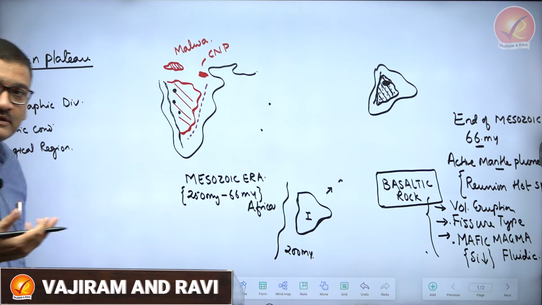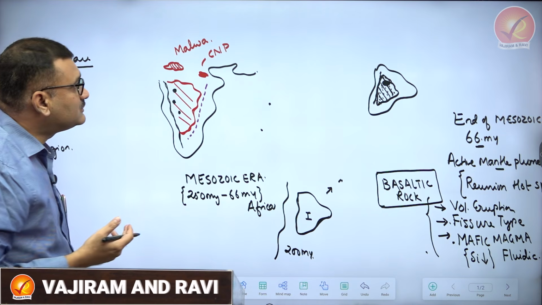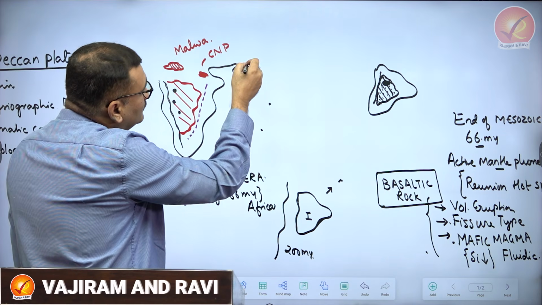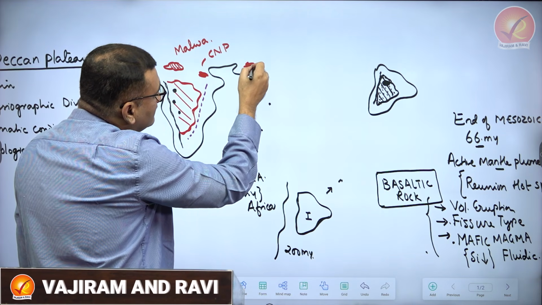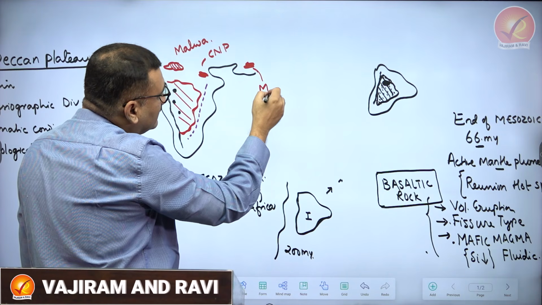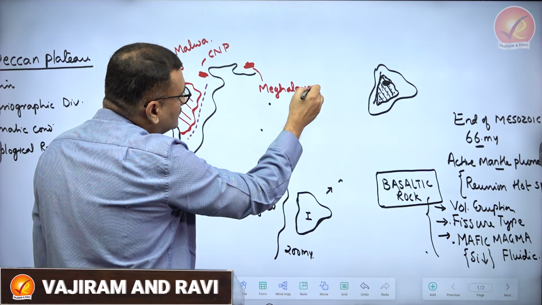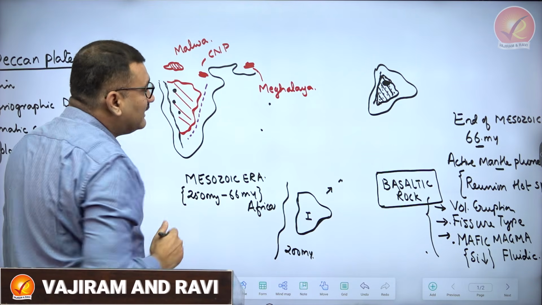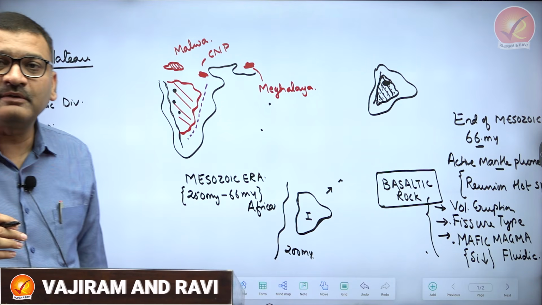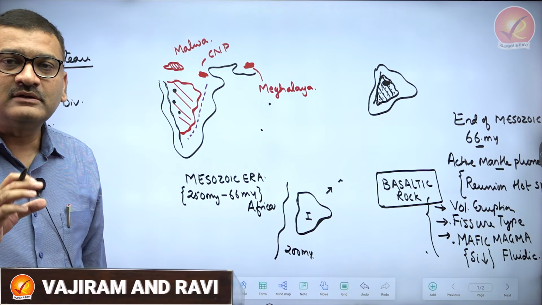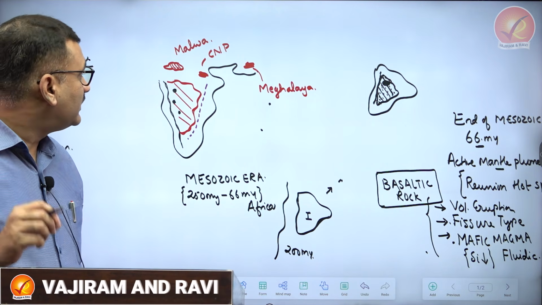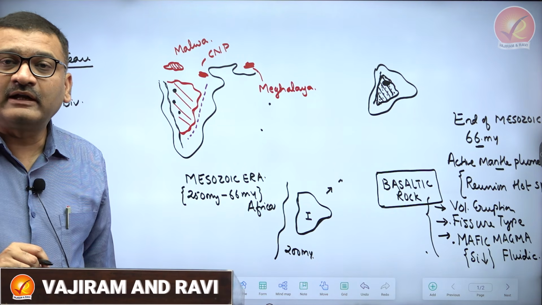So, some eruption during the same time has occurred in Chota Nagpur, and to the easternmost side we can see some volcanic eruption occurring in the region of Meghalaya. So, these are the three additional places apart from the main region of Deccan Plateau, where we can see a volcanic eruption.